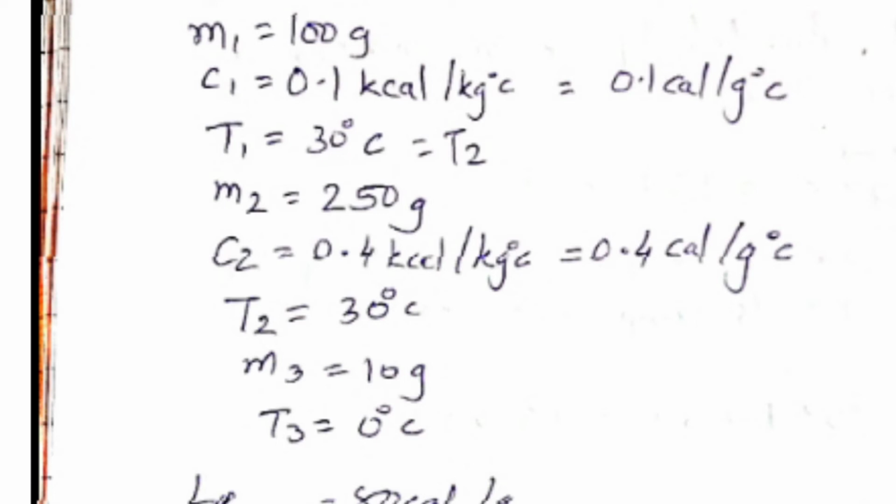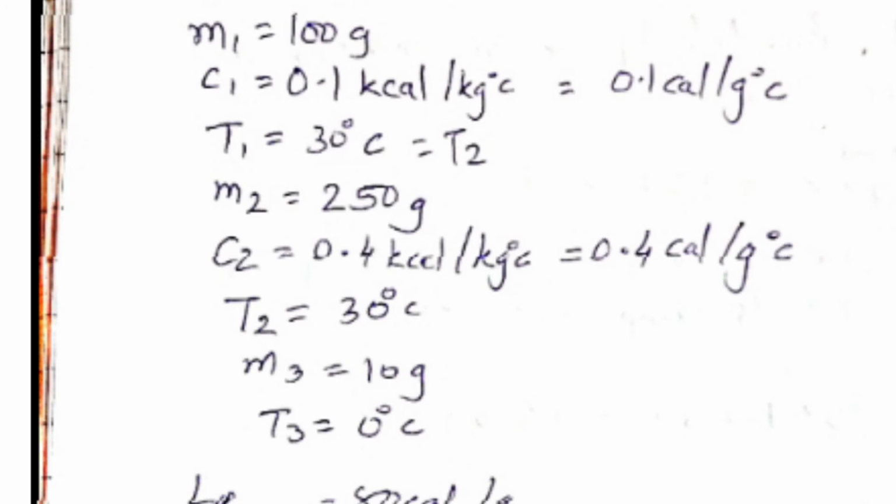Now what is given? The specific heat of the liquid is 0.4 kilocalories per kg degree Celsius. Again children, it is in kilocalories, so you need to write that it is 0.4 calories per gram degree centigrade.